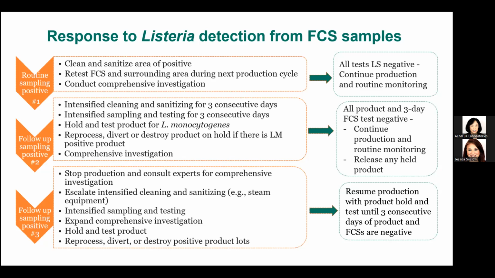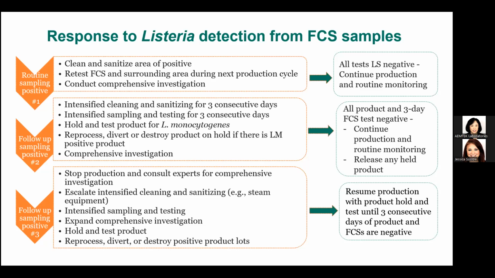If for the second positive, all the product tests and all the 3-day food contact surface testing results are negative, then you can go back to production and routine monitoring, and you can release any held product. However, if any of the results are positive, that's your third positive.